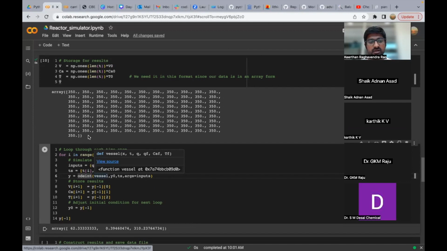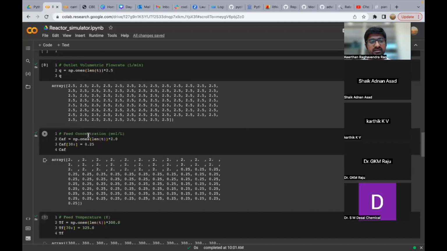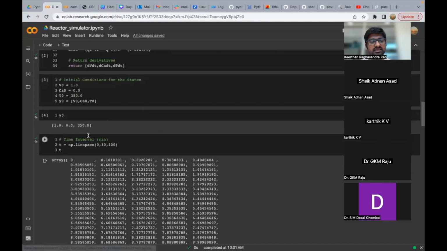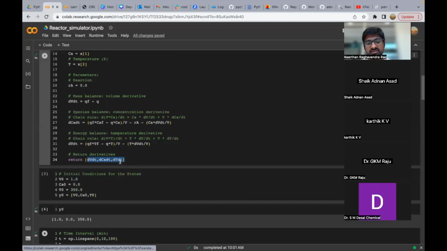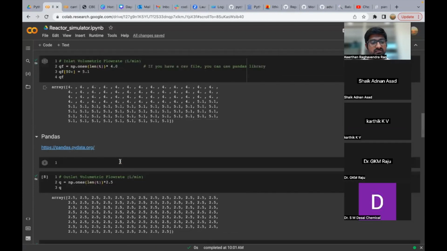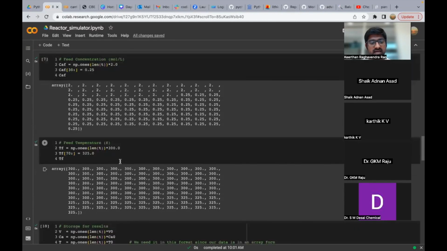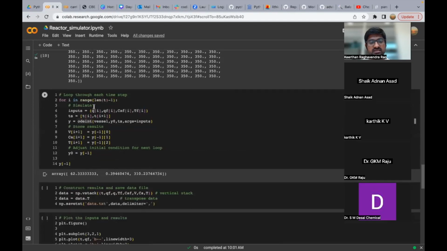If you want to go back all the way to see what this function does, it stores all of the equations and everything, and it returns all our differential equations. So instead of typing each of the equations and putting them in this function, we just pass in our function definition. It's as simple as that.